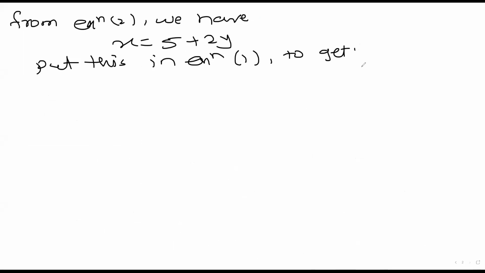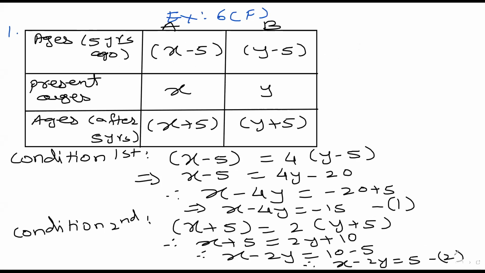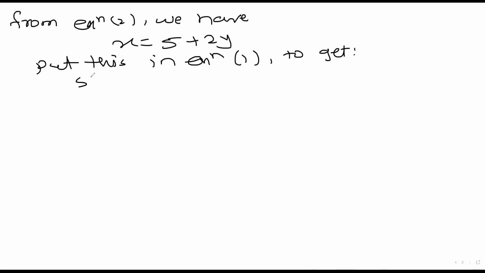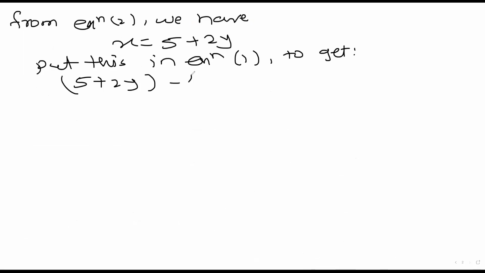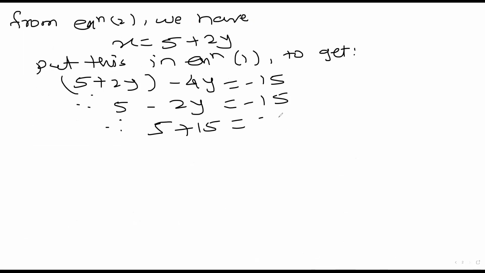In place of x, you have to put 5 plus 2y, minus 4y is equal to minus 15. So you get 5 minus 2y is equal to minus 15. So you get 5 plus 15 is equal to 2y.